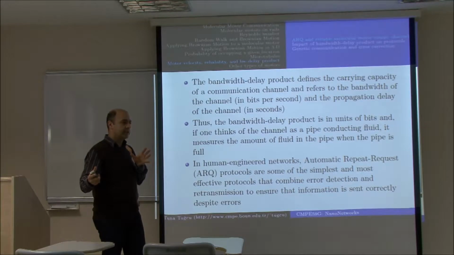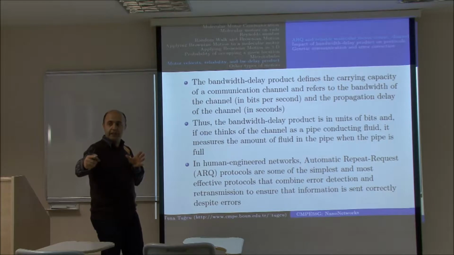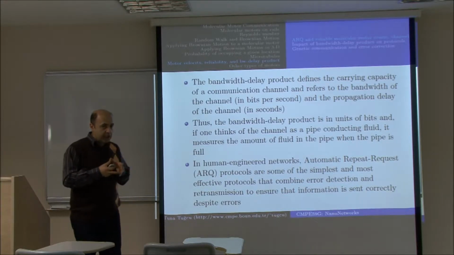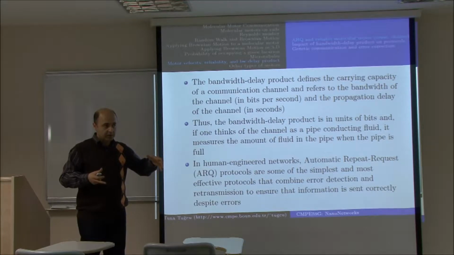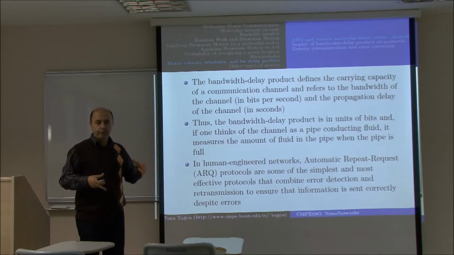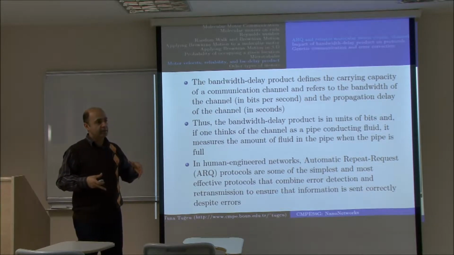With the analogy to the communication network, that will be the number of bits you can have in flight on that channel at any given time. If the channel is wider, which means more bandwidth, then you can have more information in flight at any time.